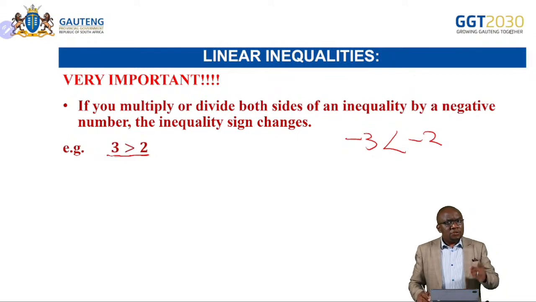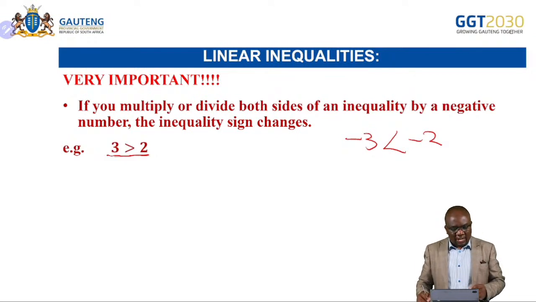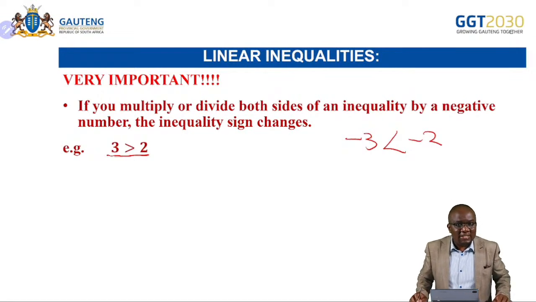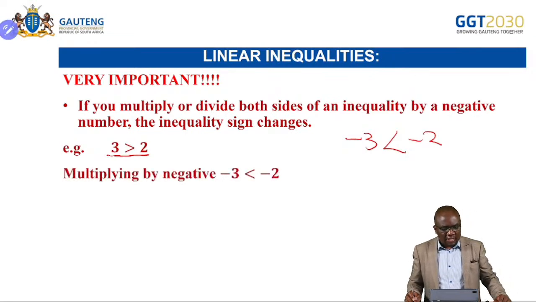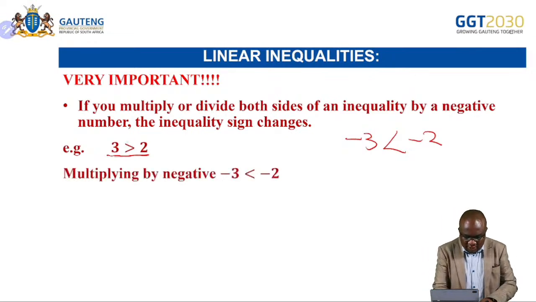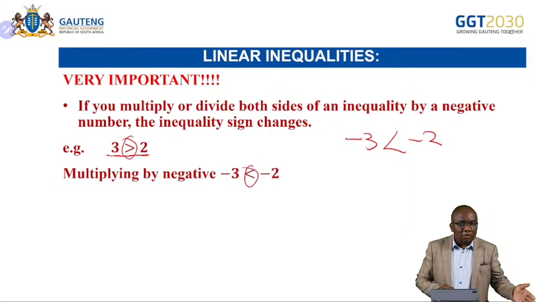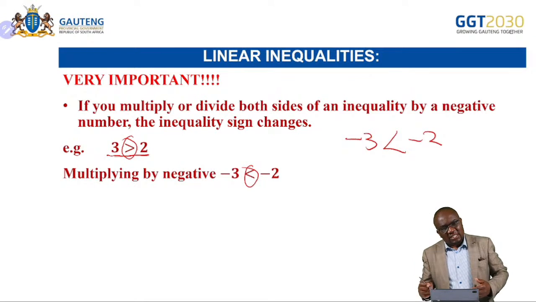Do you see that? So if you multiply or divide the inequality by negative 1 or a negative number, the sign changes. It's a concept that you'll find in the exams. It's always there. Please remember that. So here the sign from greater than changed and became less than. Greater than or equals to changes and becomes less than or equals to.